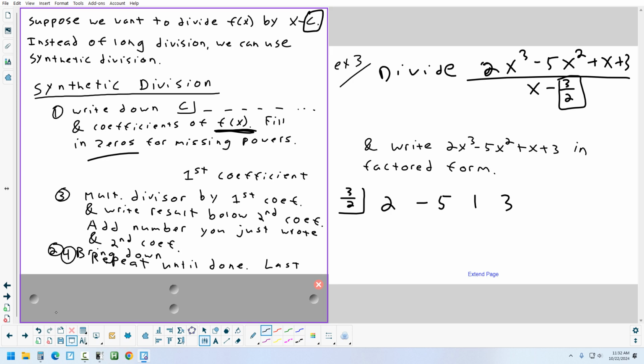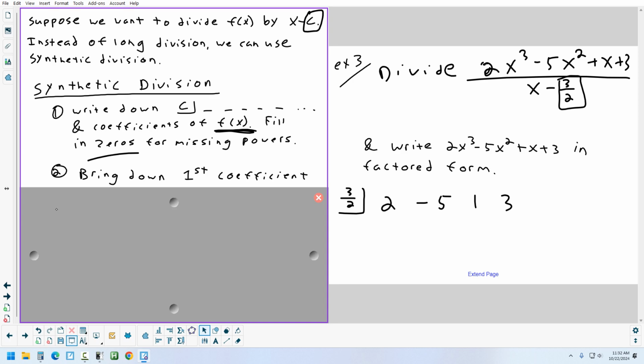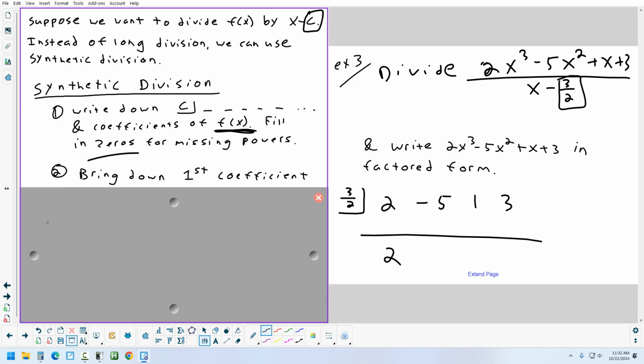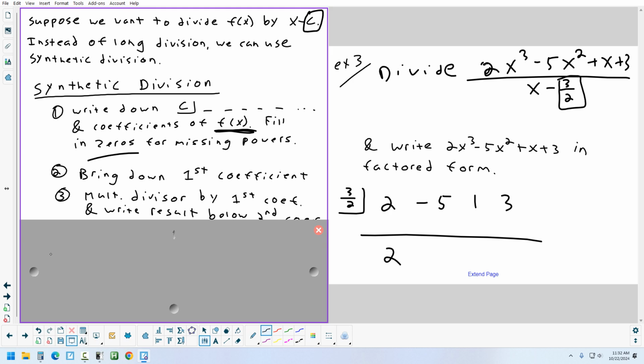Okay, now, we're going to bring down the first coefficient. So what I do is I draw a line, just like that. Bring down the first coefficient under that line. That's step 2. Okay, step 3.